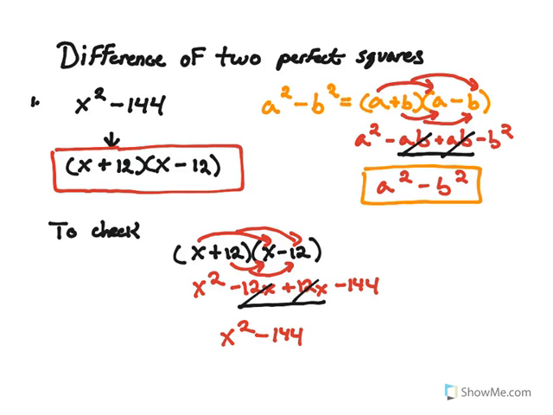Let's go ahead and do another one. Okay, so this is a perfect square. So we can just go ahead and fill in the parentheses.